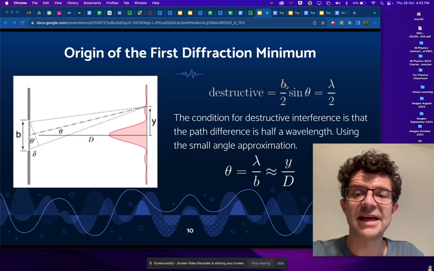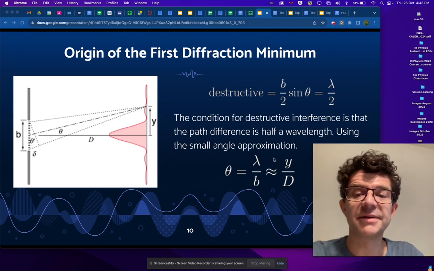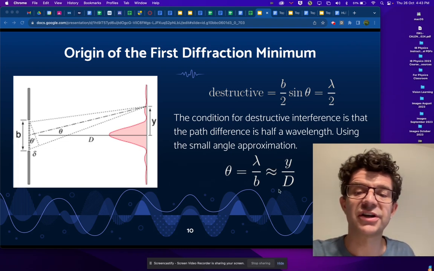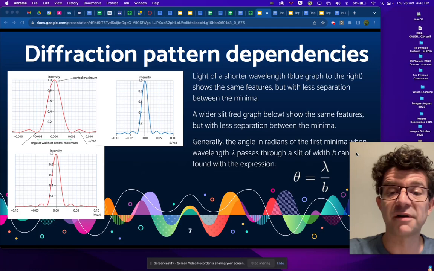Small angle says that b times theta over 2 will be equal to lambda over 2, or theta is equal to lambda over b. And this is going to be at approximately the point where lambda over b is equal to y over d. So this is our condition for destructive interference. The angle theta is equal to lambda over b. And this is exactly what I told you was the punchline from before.